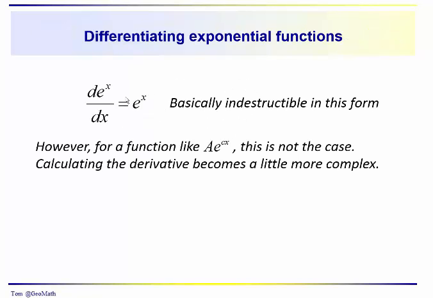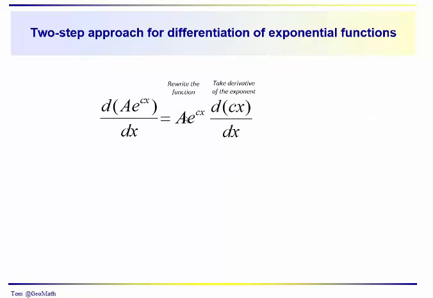You might think of it as, we do get that function back, but we have to multiply it by the derivative of the exponent. So we get our original function, a e to the cx, times the derivative of the exponent, which is just c. So we get c a e to the cx.